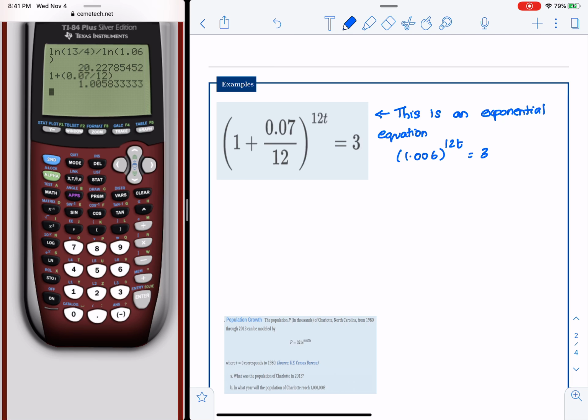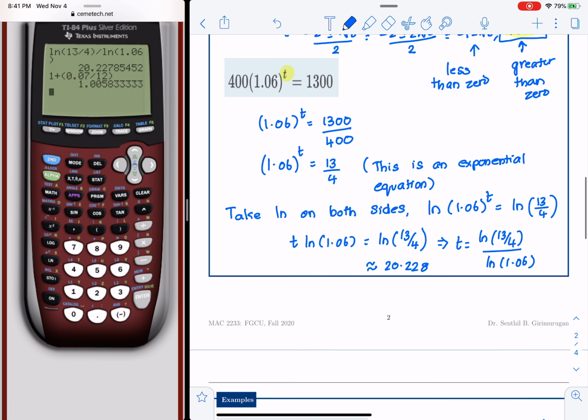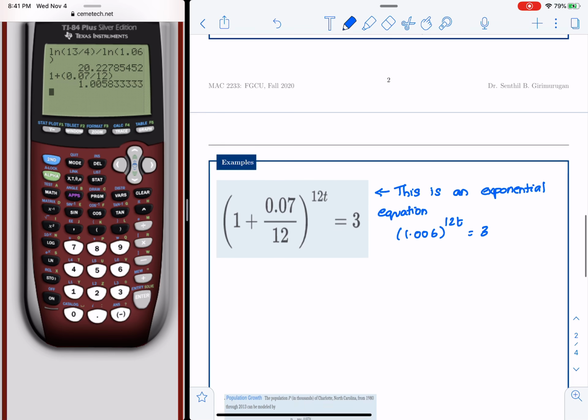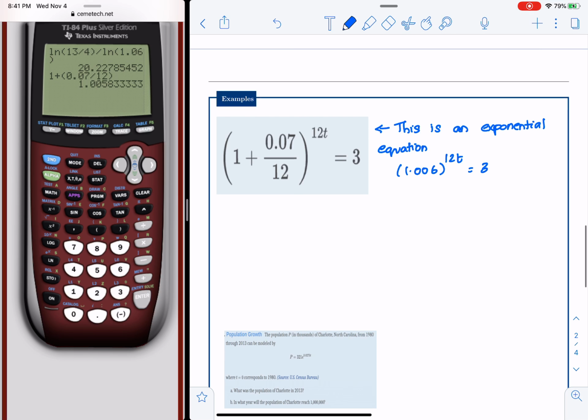And that reduces to the problem that we had previously. And the same approach can be used. So take the natural logarithm on both sides. And one can view that equation as a logarithmic equation.